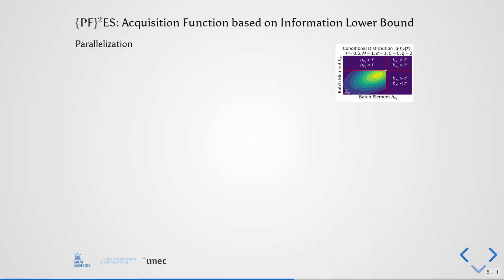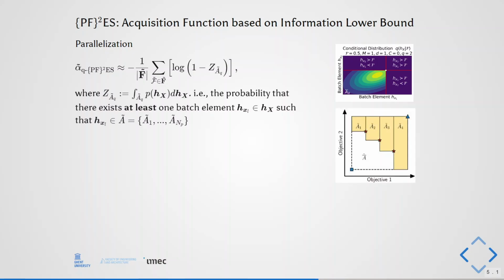So this PF2ES formulation can be easily extended to the batch scenario, where we want to query a batch of points in a single iteration. The acquisition formulation is quite similar, the only difference being the normalization constant here.